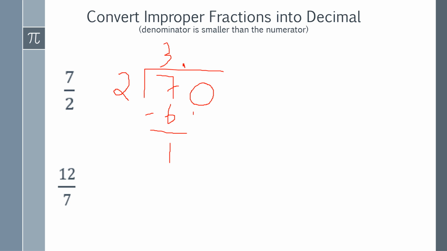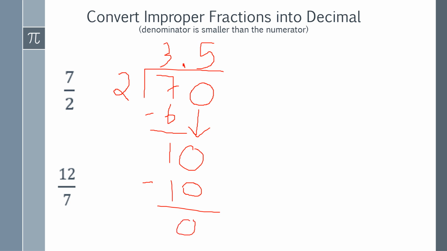We bring that 0 down, and 2 can go into 10 5 times. 5 times 2 is 10, and you do your subtraction.